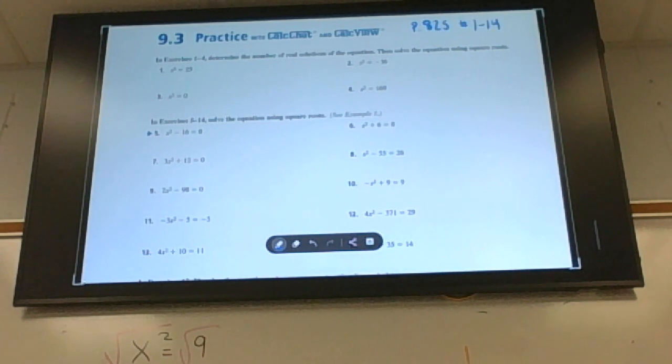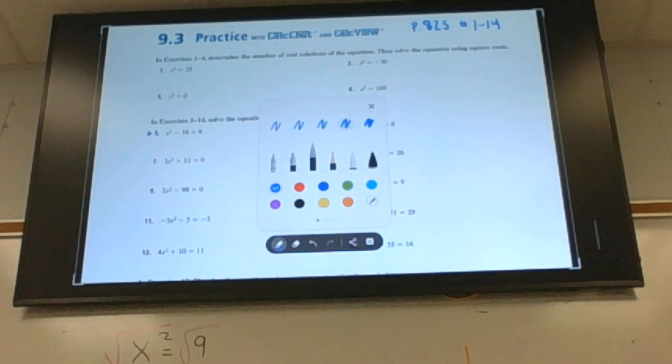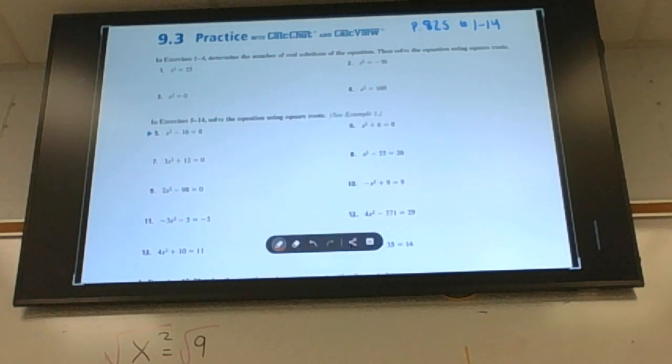Page 825, 1 to 14. There's a bunch of no solutions in here.